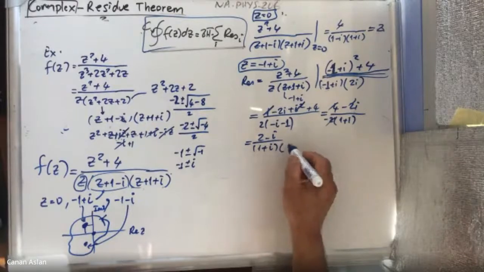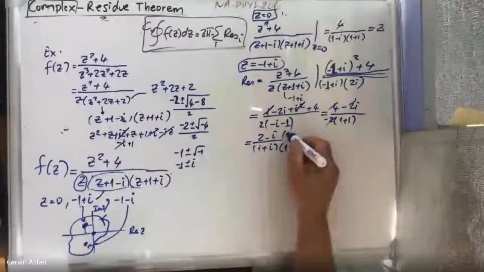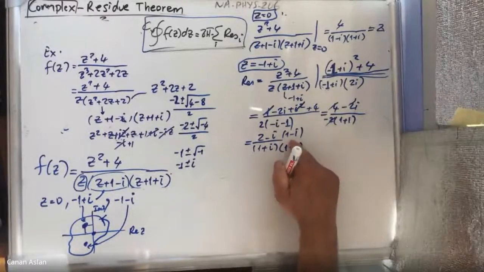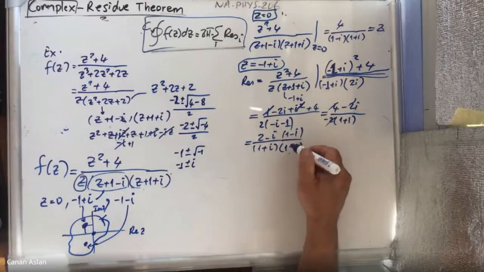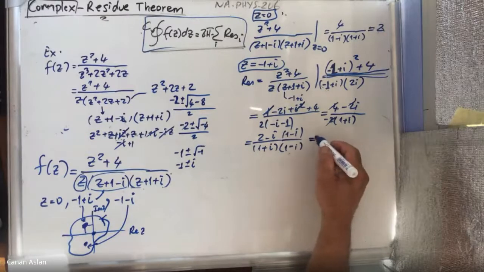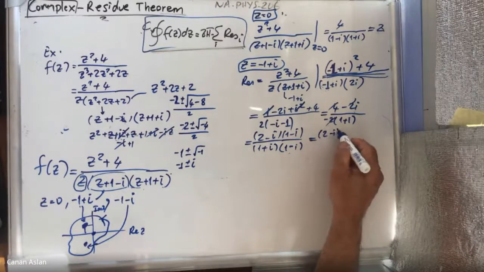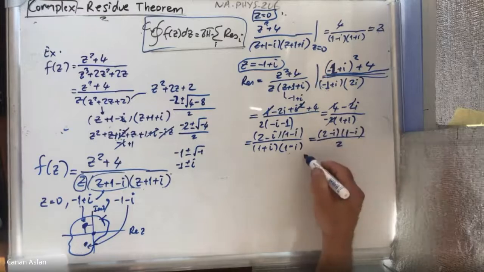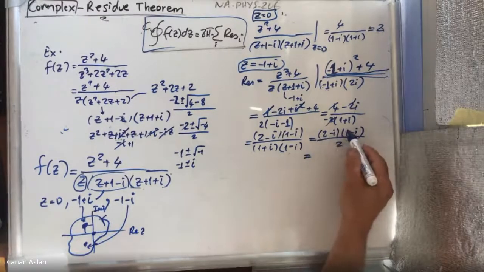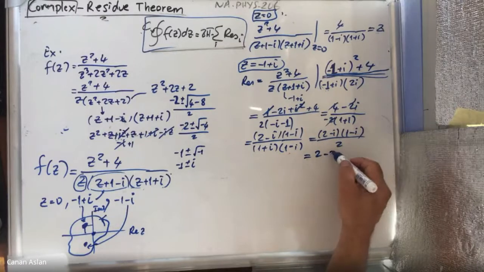Now this is multiplied by 1 minus i, sorry, minus i, on the top and the bottom, to get rid of this thing on the denominator. So the denominator is 2, so it's just this times that. So (2 minus i) times (1 minus i) divided by 2. Now let's multiply this and see what we get. 2 times 1 is 2. 2 times minus i is minus 2i.